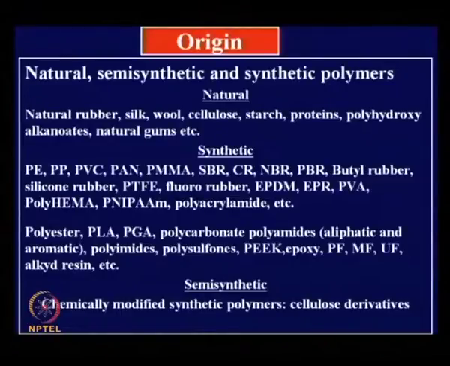In the natural category, there are many polymers naturally occurring, that means synthesized or prepared by various agencies of nature. What are the agencies? Plants and animals. Plants synthesize some polymers, like say natural gum is a polymer. You see there are various plants available.